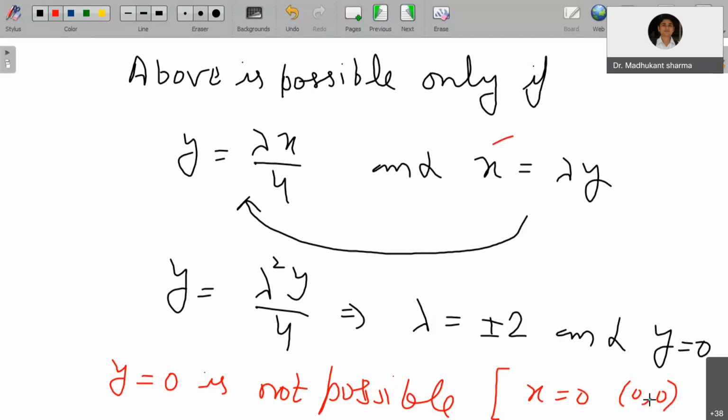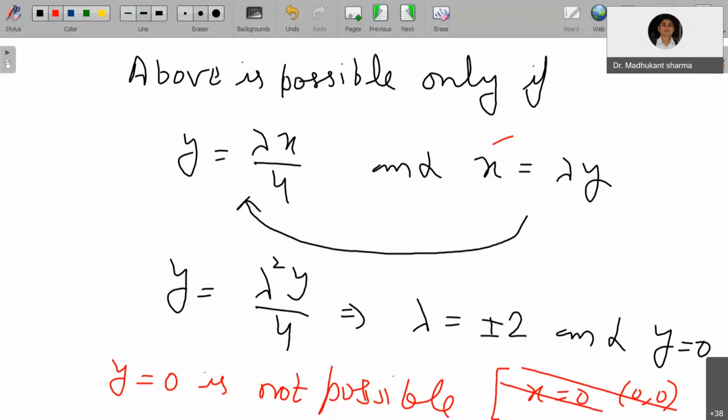So (0, 0) is not a point of interest, because you are trying to identify the points on the ellipse, not the interior points. So y equals 0 is not possible, and only y non-zero is possible, meaning lambda's values are plus and minus 2.